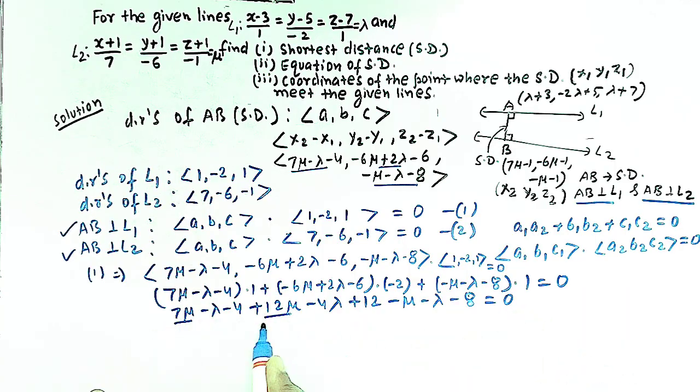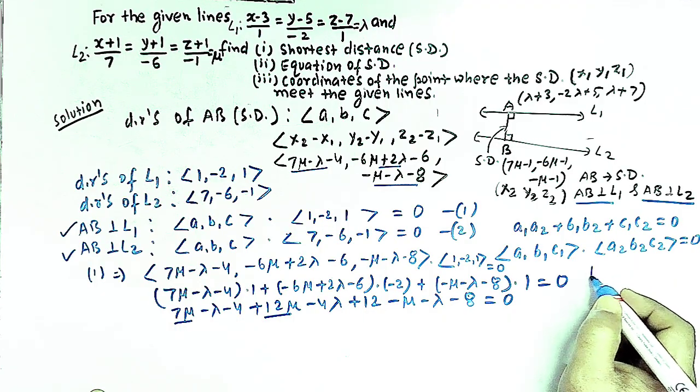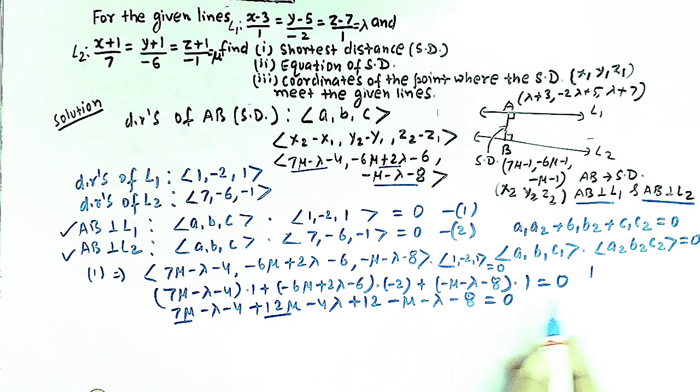So here we have 12 plus 7, 19. 19 minus mu is here 19 mu minus mu is 18 mu. And then here we have minus lambda minus 4 lambda and minus lambda.